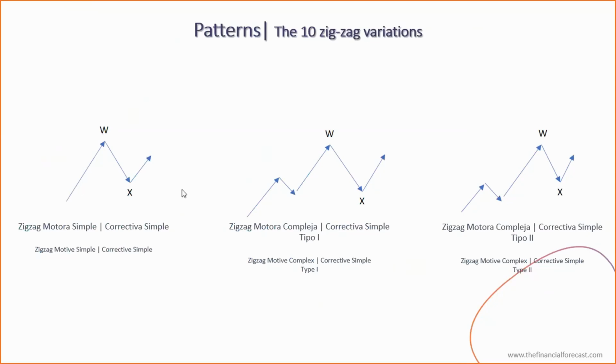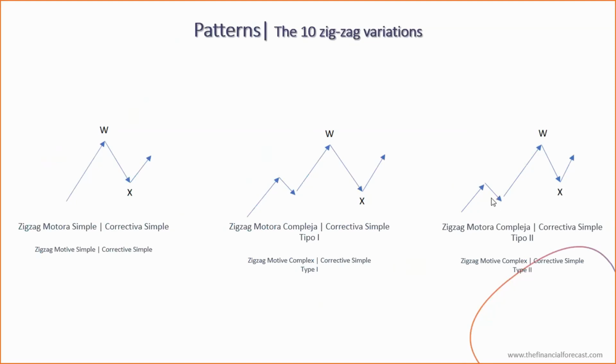So we go from a simple iteration, then we go to more complex, where the motive wave, in this case, you can see the subdivision in 3 waves, and then you have a deep corrective wave X, finishing in one of these two, these prior waves of the lower degree.